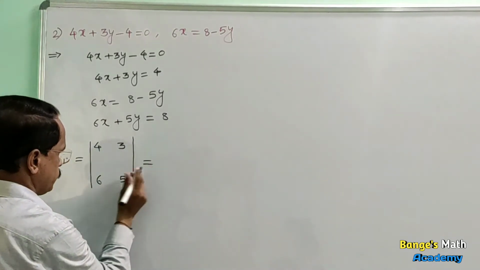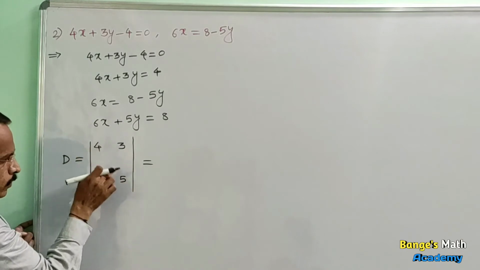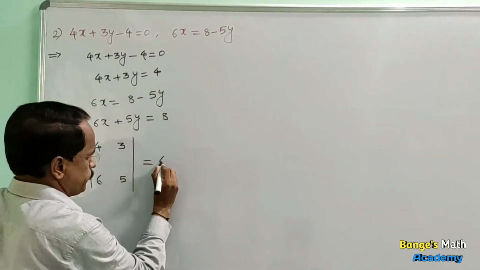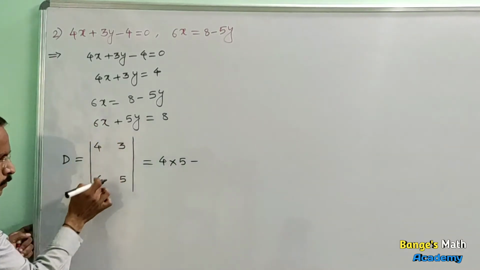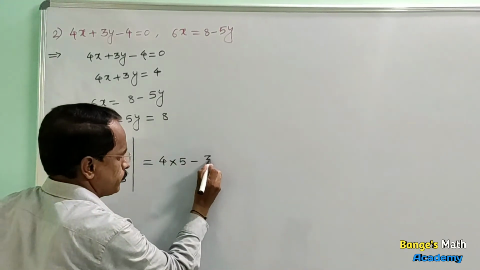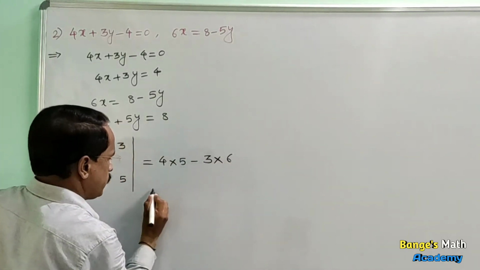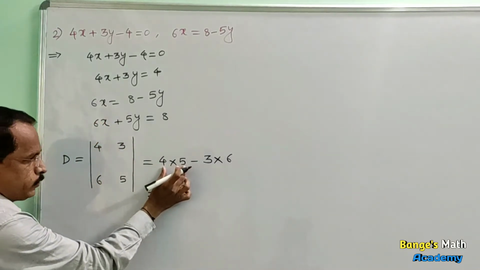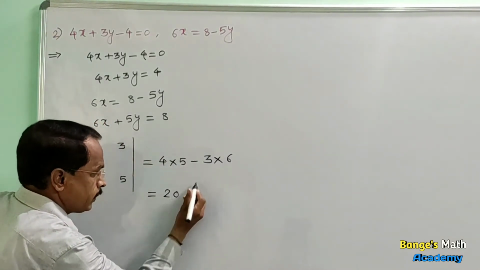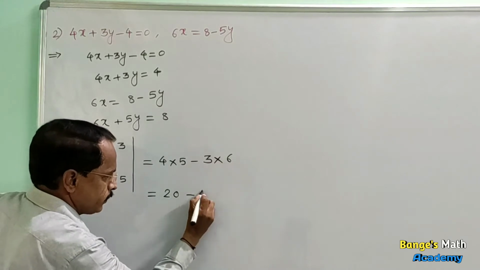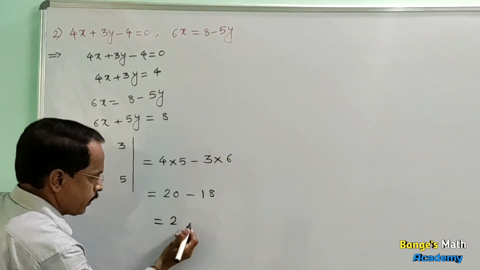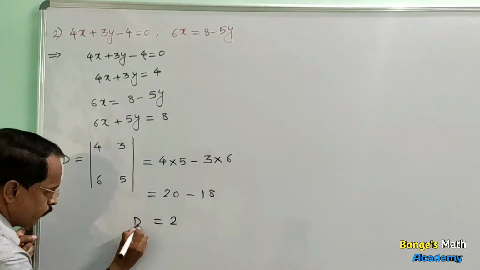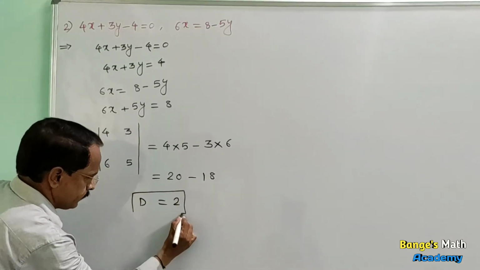First of all take the product of 4 into 5 minus the product of 3 into 6, is equal to 4 into 5, 20, minus 3 into 6, 18. Subtraction of this, 20 minus 18, 2. We get the value of d.